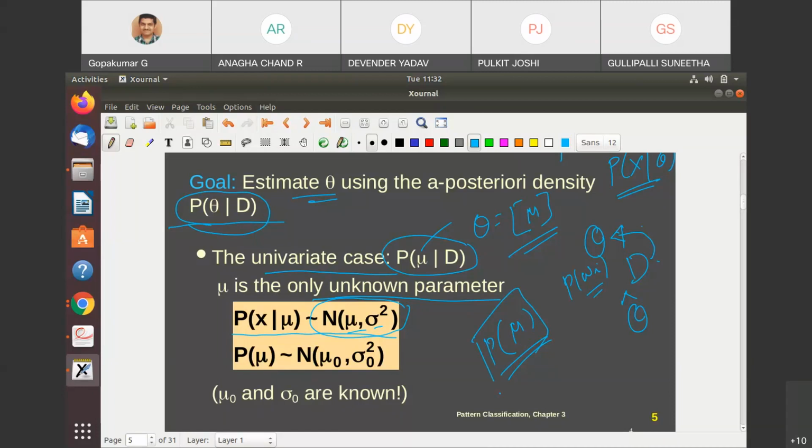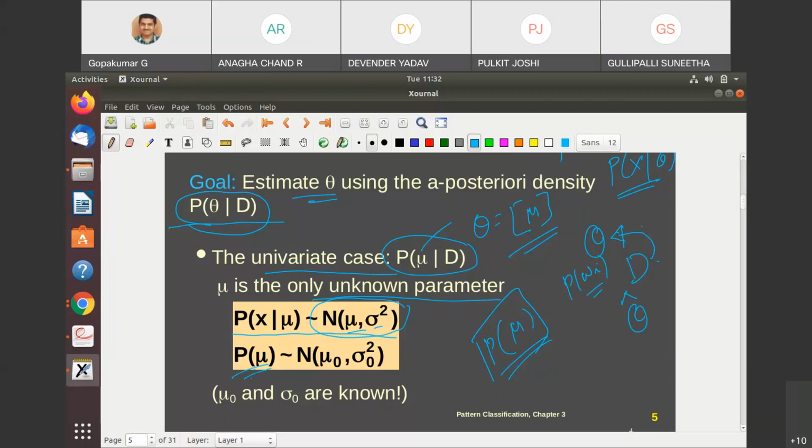So what can be a guess for the mean value, for a particular x, maybe a single feature or multiple dimensions? That is the probability of mu.